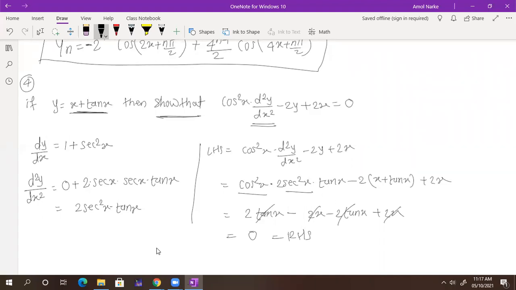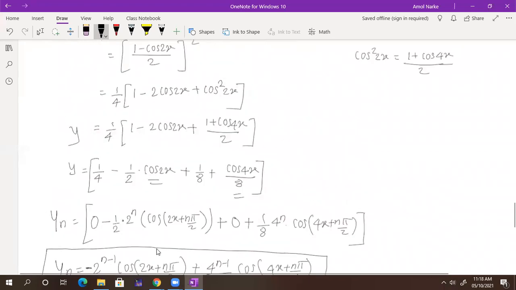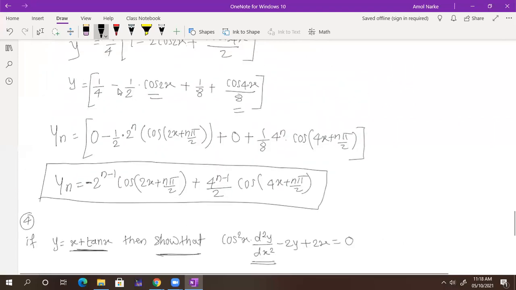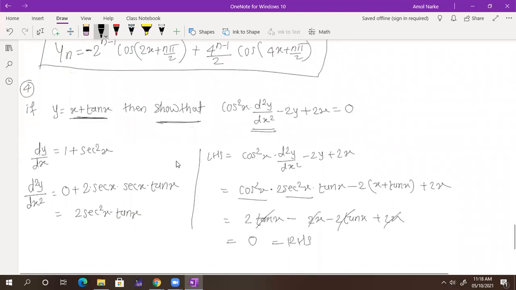I have given the 4 statements, so you need to check them. You need to do it within a fraction of seconds, because for a 2 marks MCQ you have only 2 minutes. So you need to solve such examples within 2 minutes because it's very easy. I'm not talking about the above examples, which will take time. For that we will give you directly: if y is equal to this, what is y? Like that.